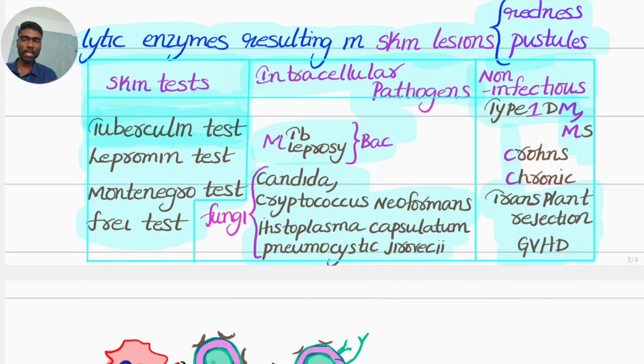I already told you, wherever the graft word comes, we have to answer type 4 hypersensitivity reaction. Here I mentioned clearly chronic transplant rejection, because in hyperacute transplant rejection, the major role is played by type 2 hypersensitivity reaction, meaning antibody-mediated.